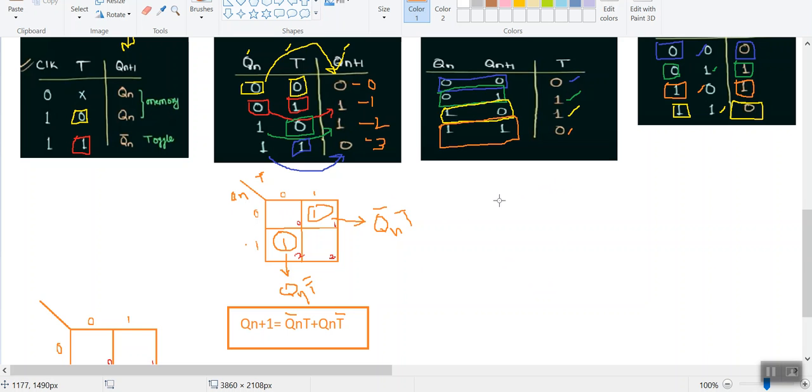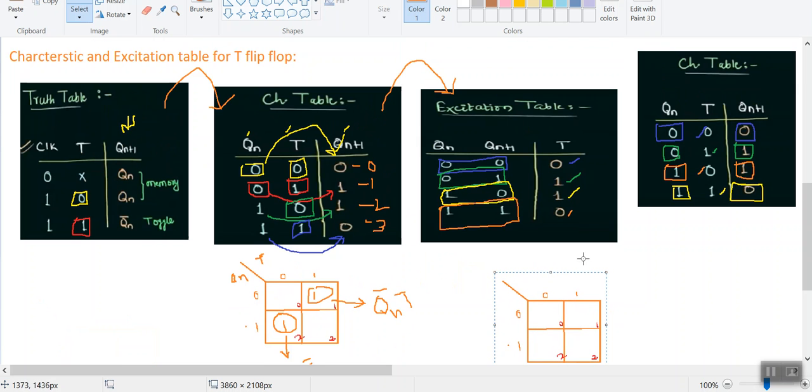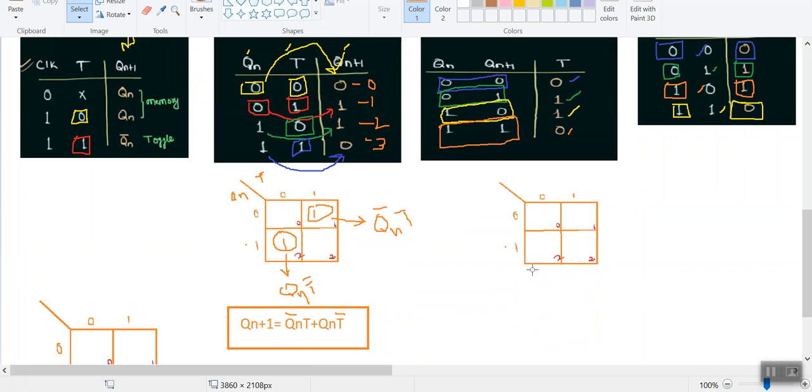In a similar way, you can have your expression for the excitation also. Where you are getting your excitation output, in the similar way you are getting the same position 1 and 1. Therefore you can have your expression here also. So I will give you the expression directly.